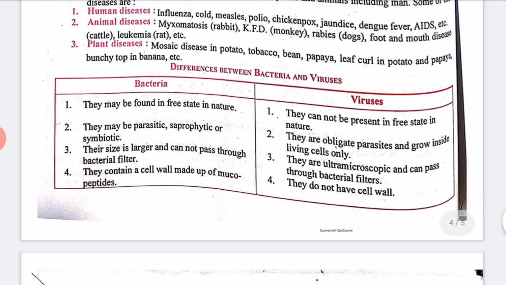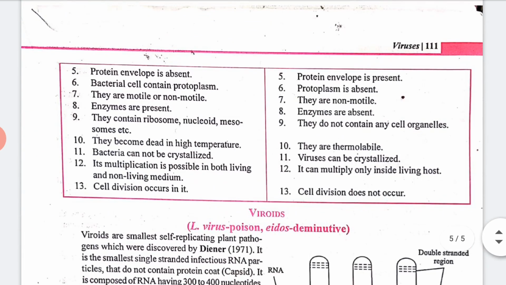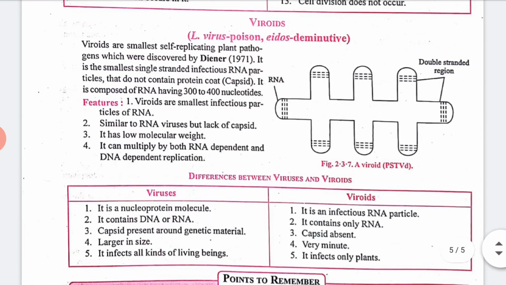Here is a table giving the difference between them, you can see from here, right? Now my dear students, next we have viroids. What are viroids? Virus means poison, viroid means virus-like.